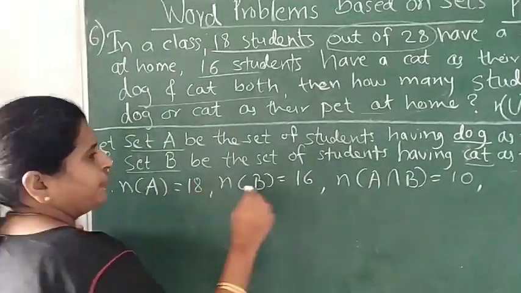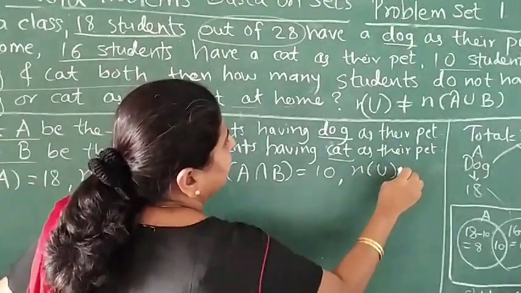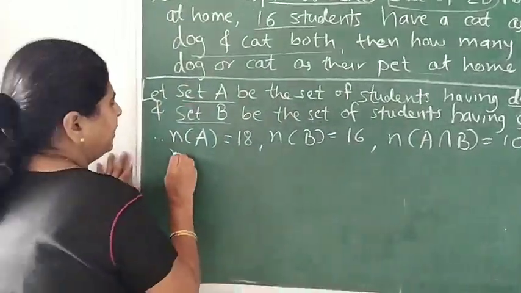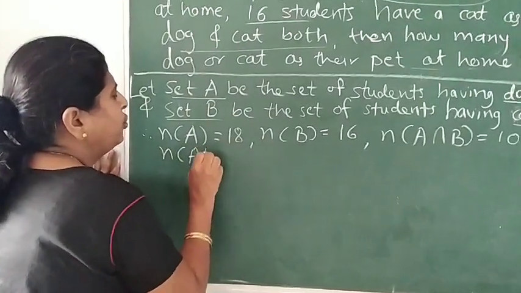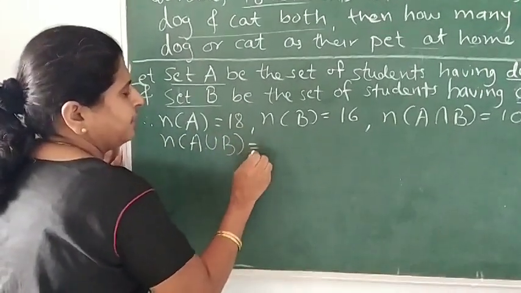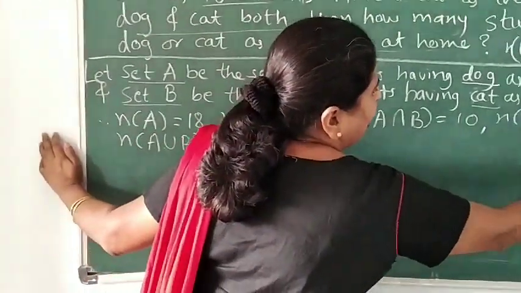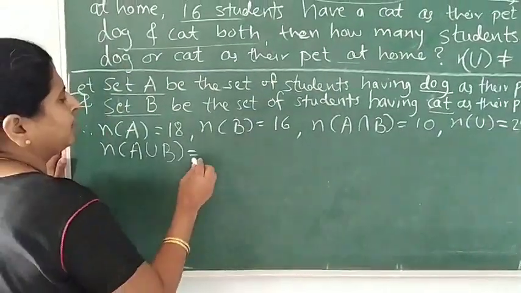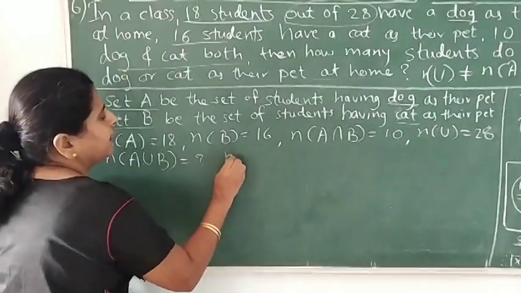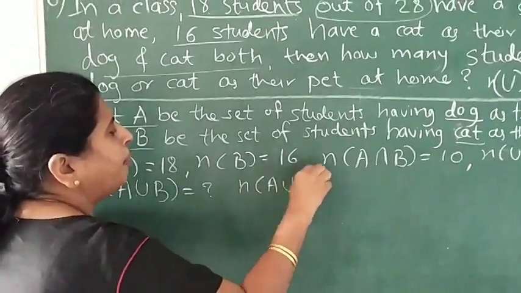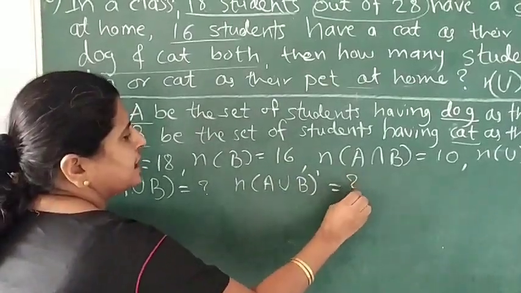Now the number of elements in U, that is the total, is 28. Now we will find the number of elements in A union B, meaning having either cat or dog or both. This we will find, and then we have to find the number of elements in the complement of A union B. This is our question.